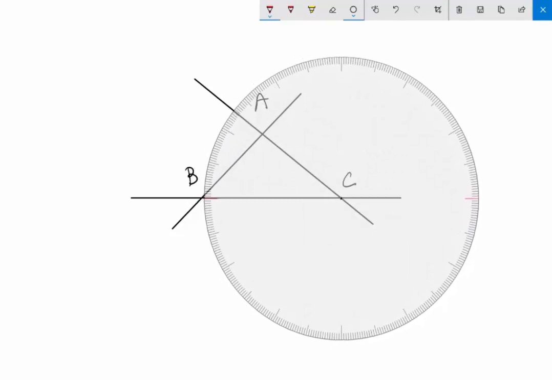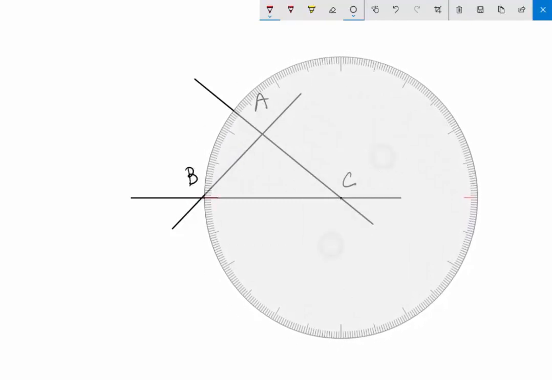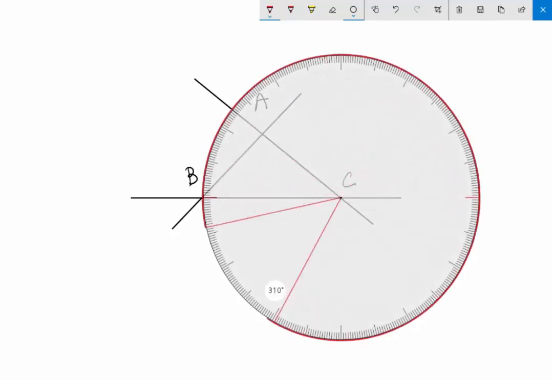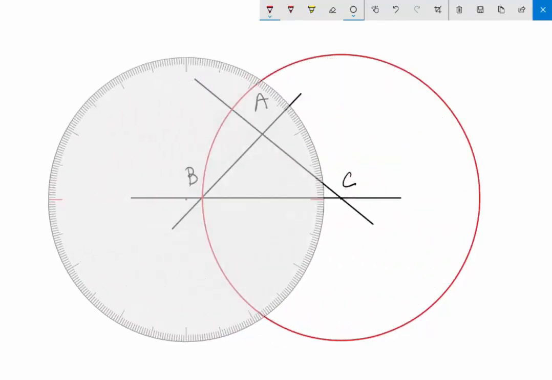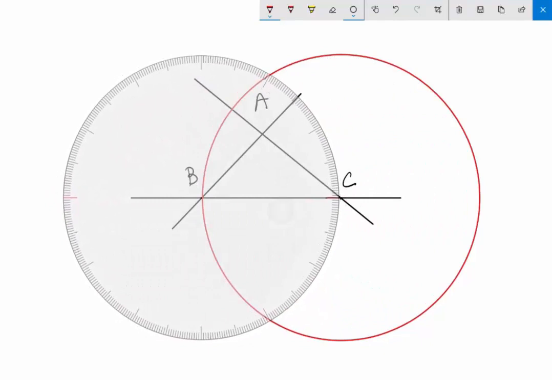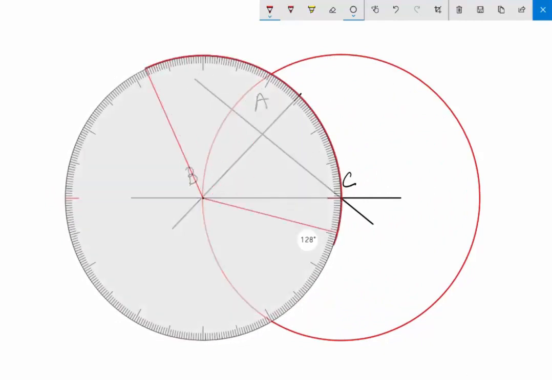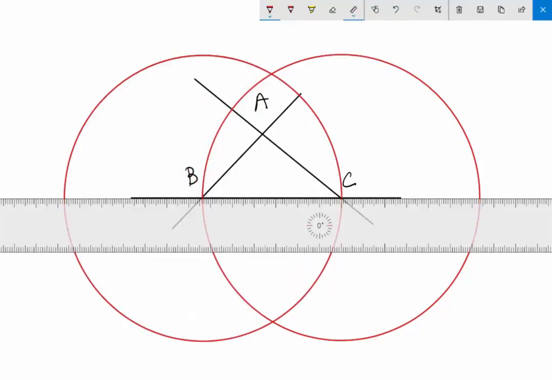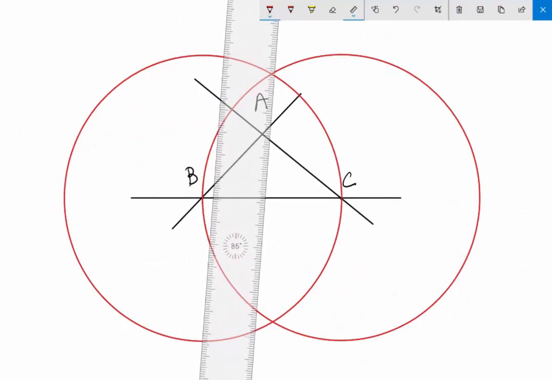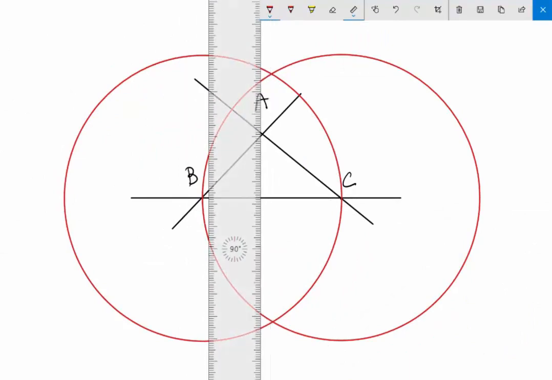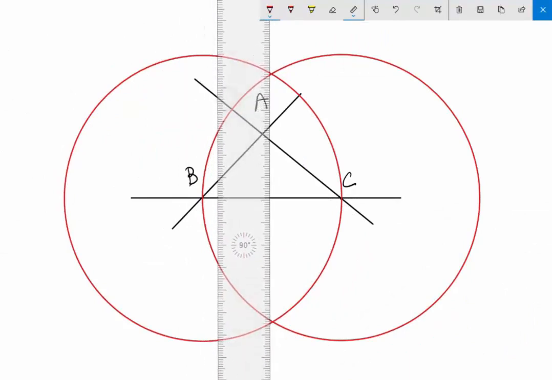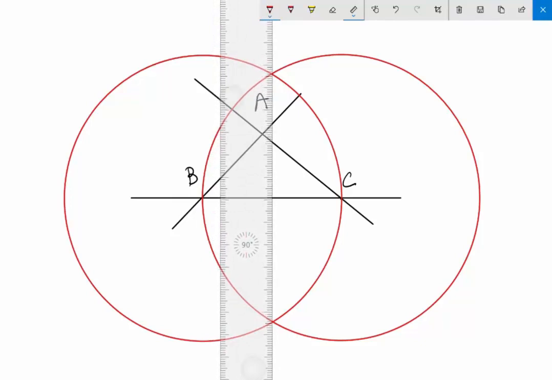To this end, it suffices to draw the circle which is centered at C and is passing through B. And we draw the circle which is centered at B and is passing through C. As you can see, these two circles meet at a point. I'll call such a point A prime.